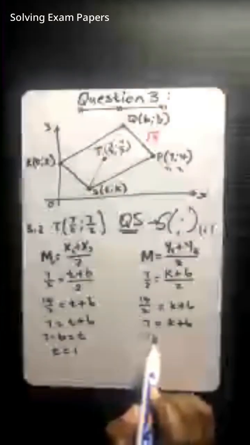You take this to the other side, it is 7 minus 6, which equals K. Then that means K is equal to 1. So that means you're having the coordinates of S being 1 and 1. And by so doing, you score yourself 3 marks for this question.